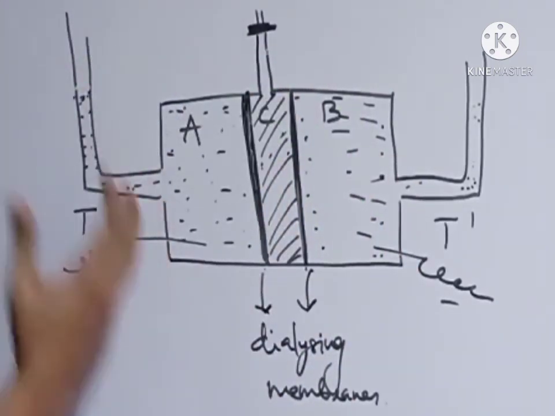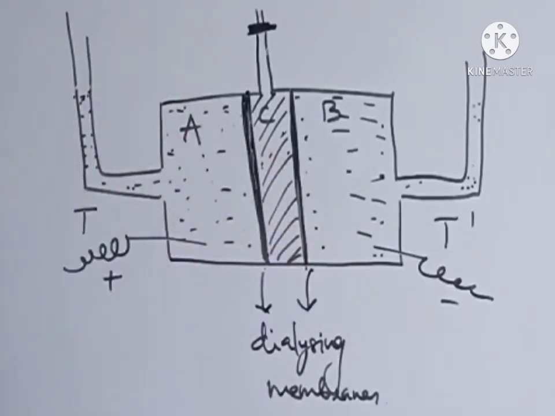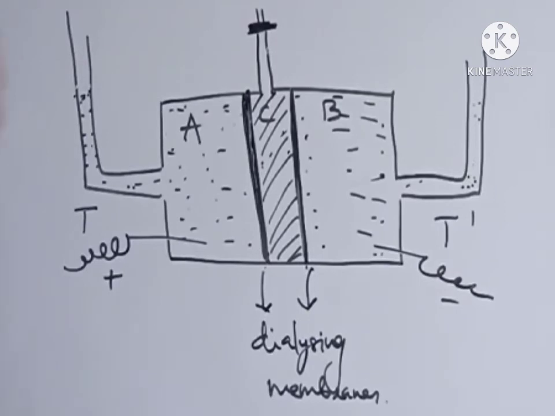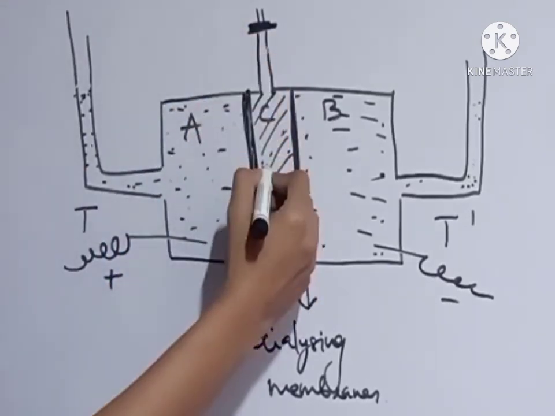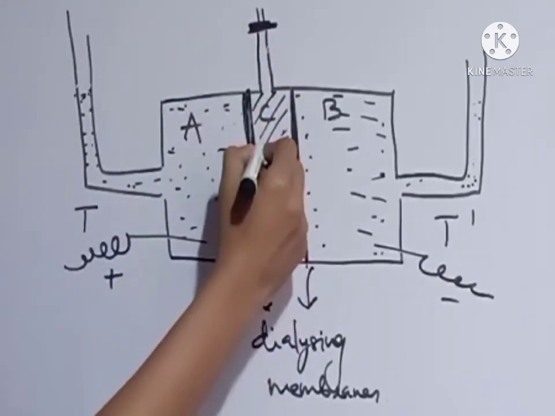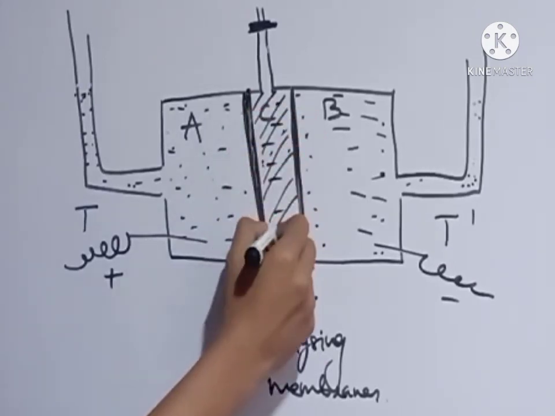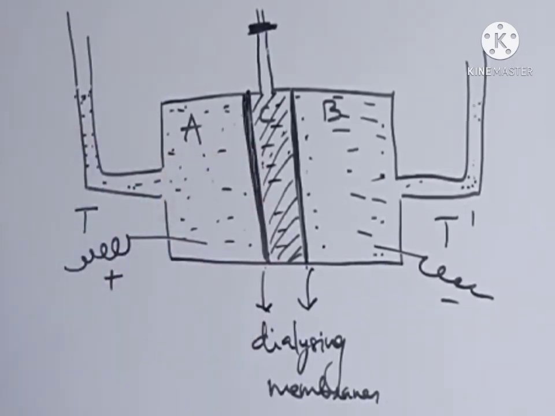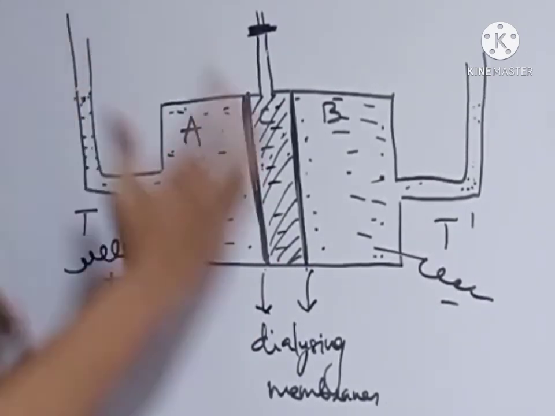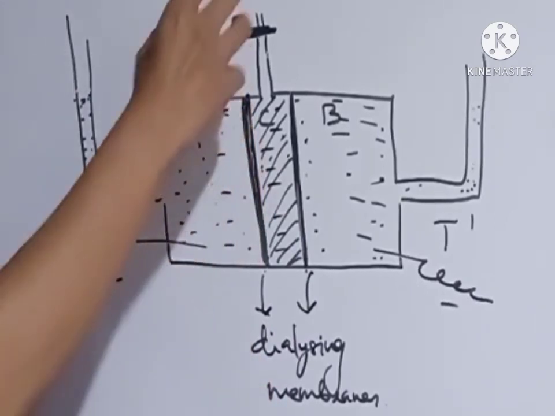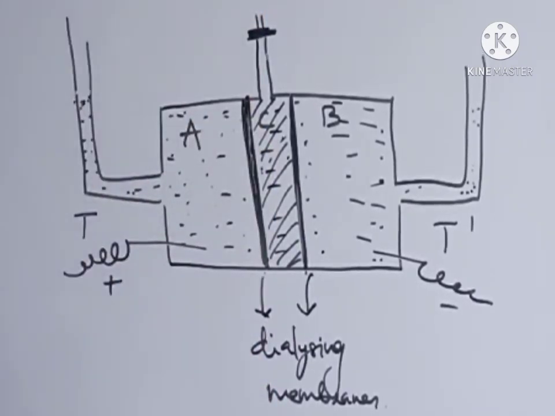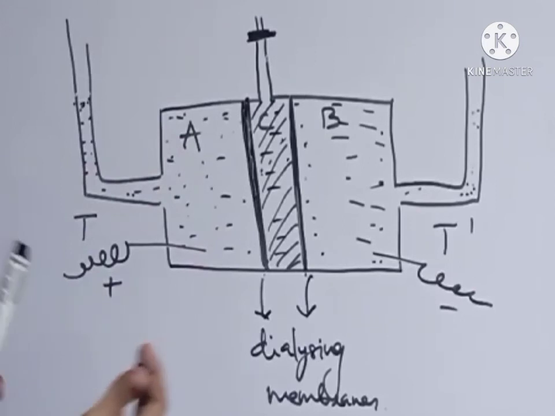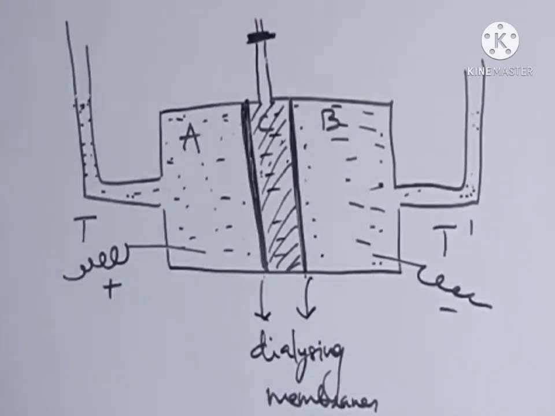So when an electric field is applied to this apparatus, consider the colloidal particles to be negatively charged. That is, the dispersed phase has a negative charge. So when the electric field is applied, what happens? The dispersion medium moves towards the oppositely charged region.